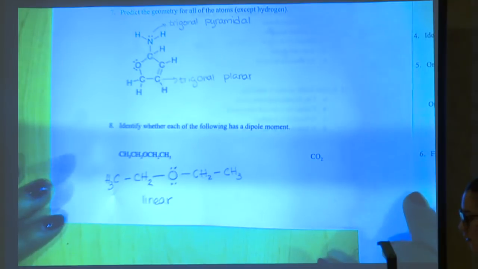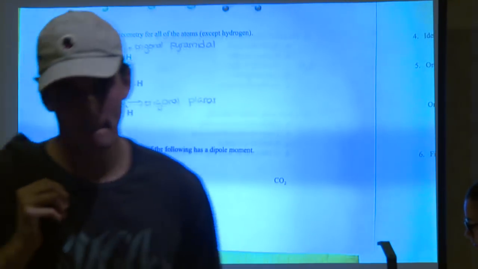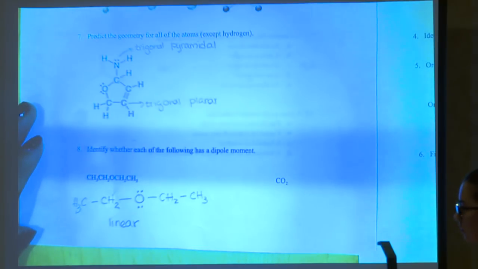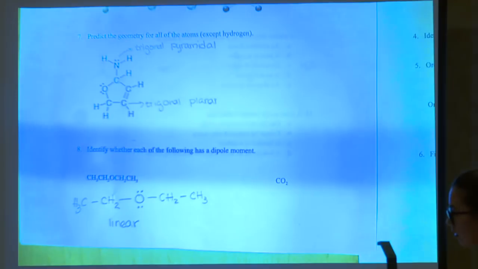Good. So then how about for our CO2? What does CO2 look like? For which one? This one? What do you think? Well, like in the previous example, the O has two bonds and then two lone pairs.